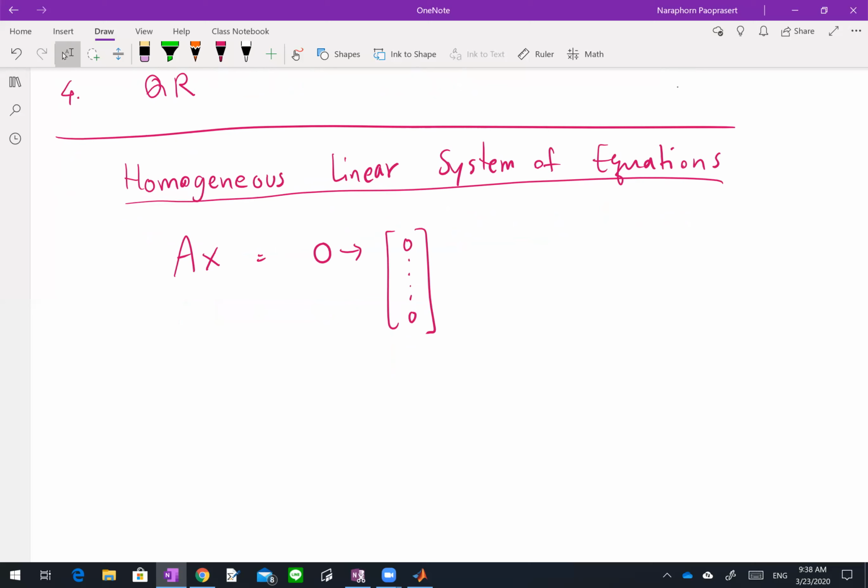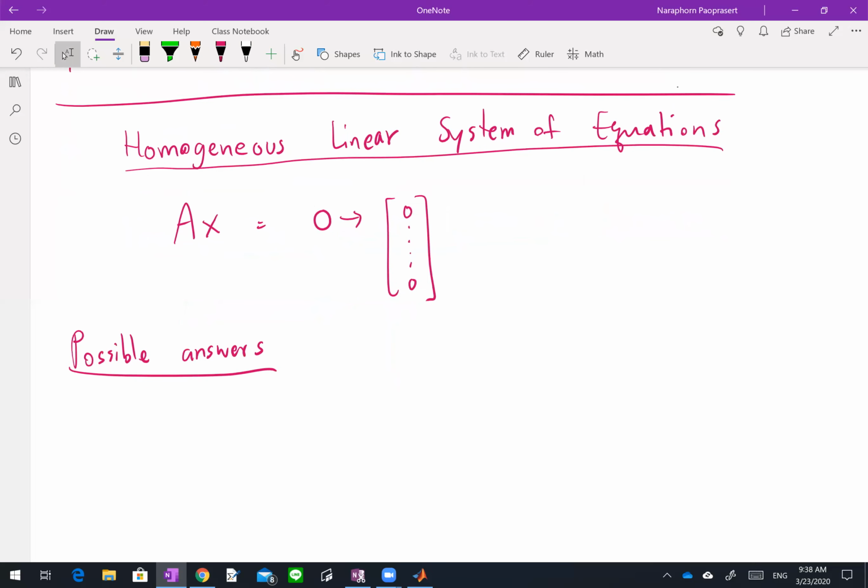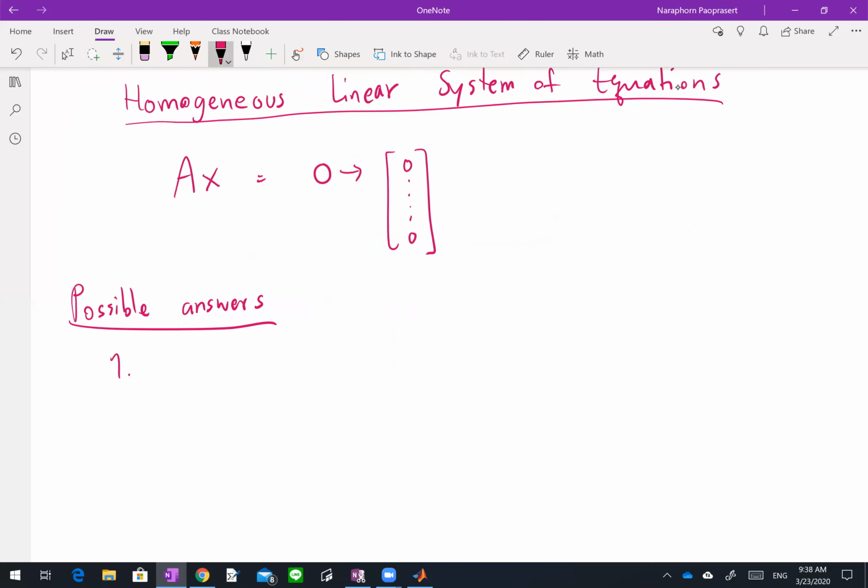For this system of equations, the possible answers: the first thing is that if X is all 0, then that means the above equation is true, right?